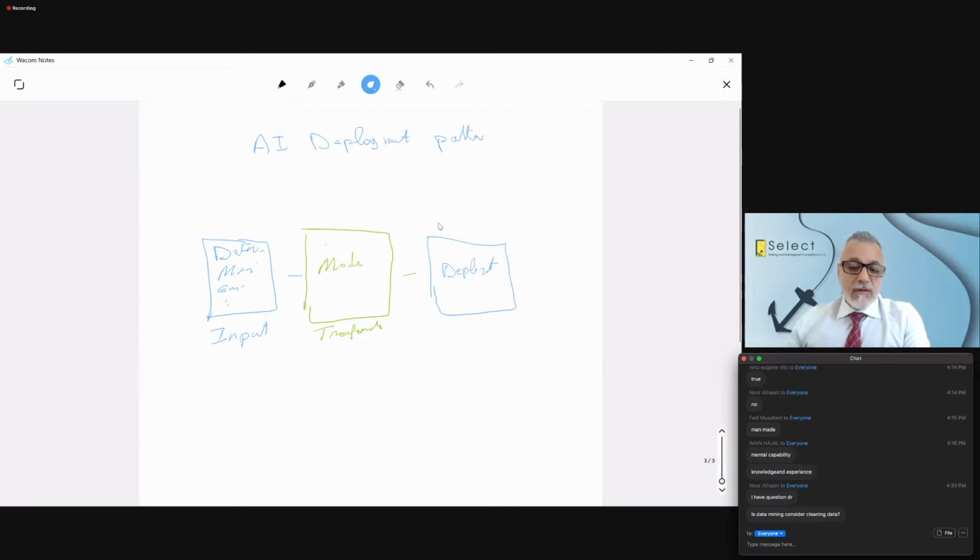Application could be through cloud computing, for example. I can apply it online or within the organization, or through, for example, mobile, whatever it is. So this is the deployment. So the process of input, transformational, and output. So the whole process is called the new AI value chain.